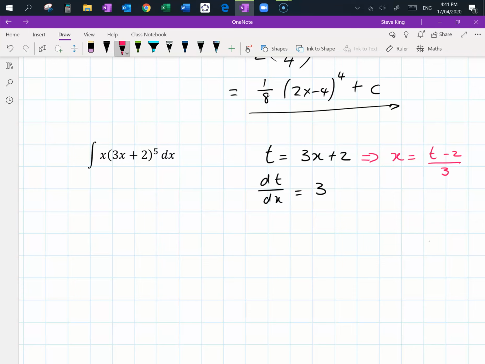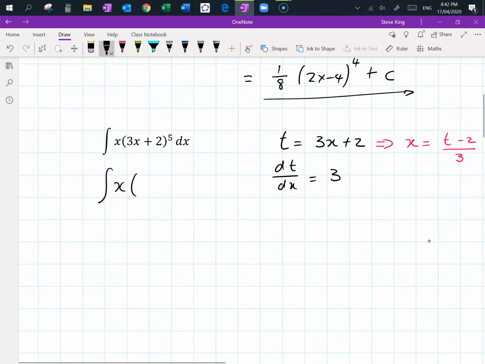Now that might be useful at a later stage. Let's go back to the integral and see what it looks like when I put my substitution in. So I've got an integral now. I've got x. My bracket is easily put in. It's t to the power 5. And then I've got dx.